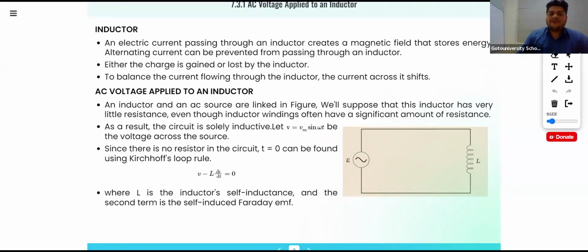First, we have the common step, that is step number 1, and in that first step we apply E is equal to E naught sine omega t.